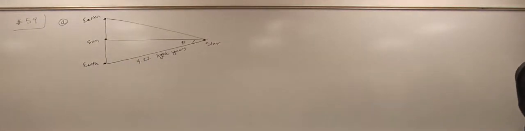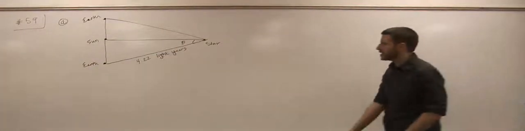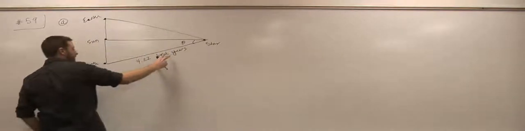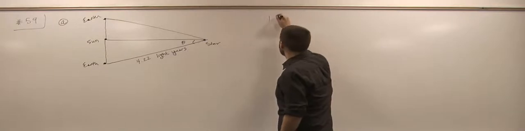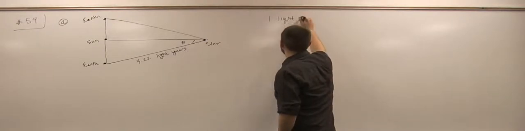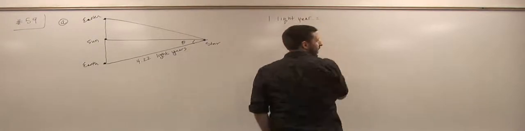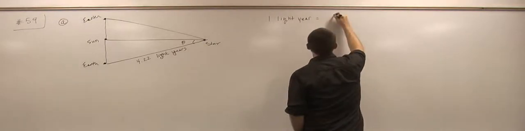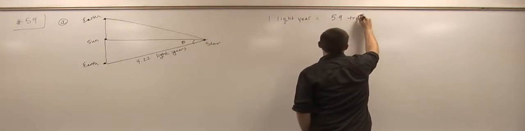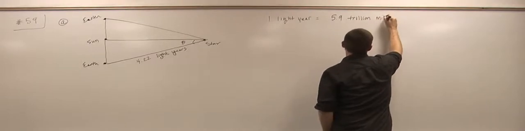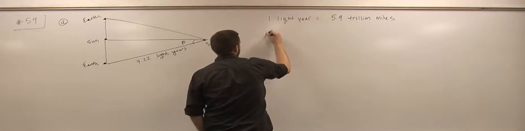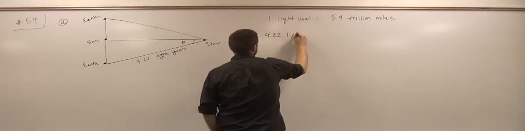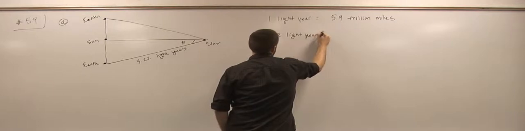And then it says if 1 light year is about 5.9 trillion miles, how many miles is Proxima Centauri from Earth? So part A is just getting you to convert light years to miles. So they tell you 1 light year is 5.9 trillion miles. So if you want to know 4.22 light years, what would you do?